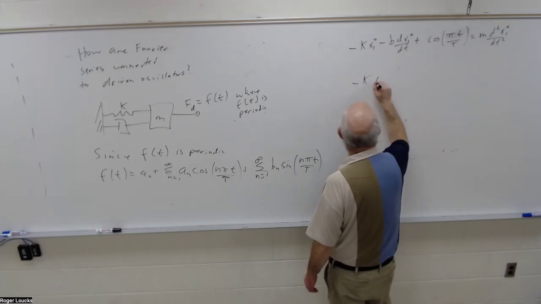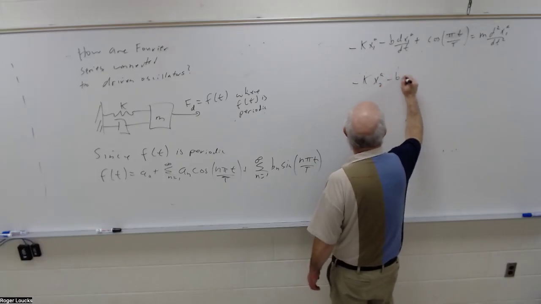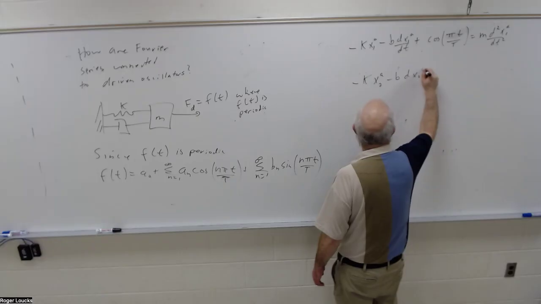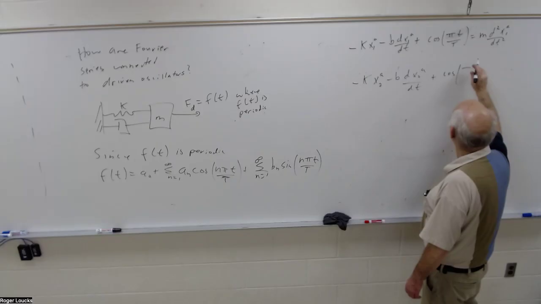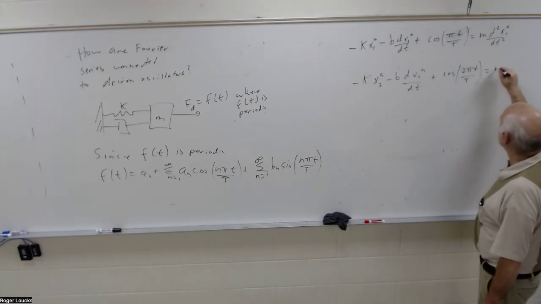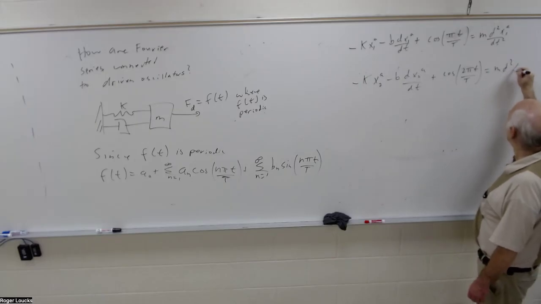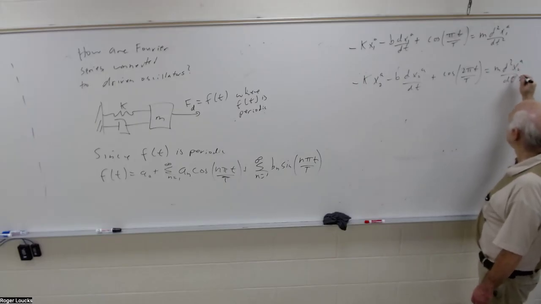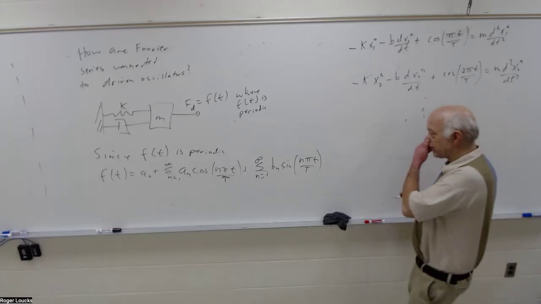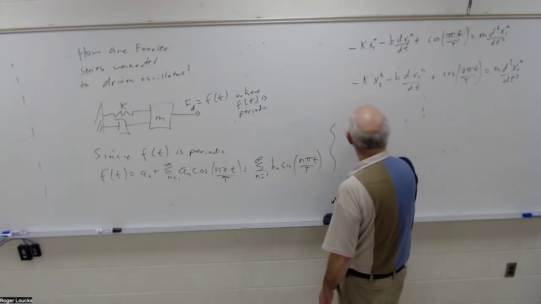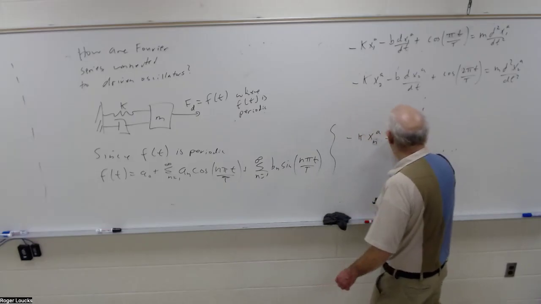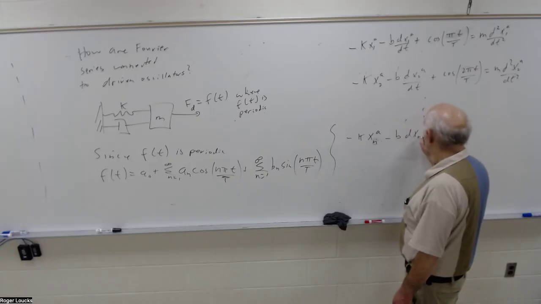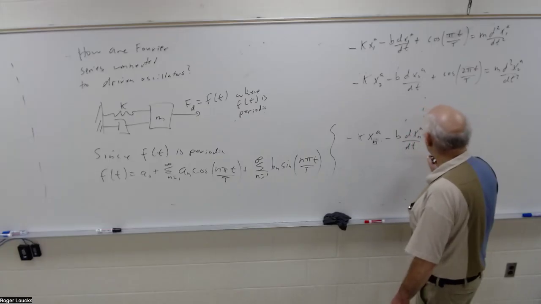I could say this is minus k x2a minus b dx2a dt plus cosine 2 pi t over T equals m d2x2a dt2 here. And I could do all the way down here. I could do my nth one. I could solve this.